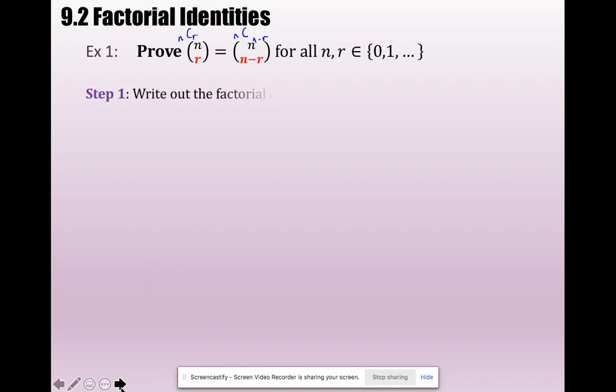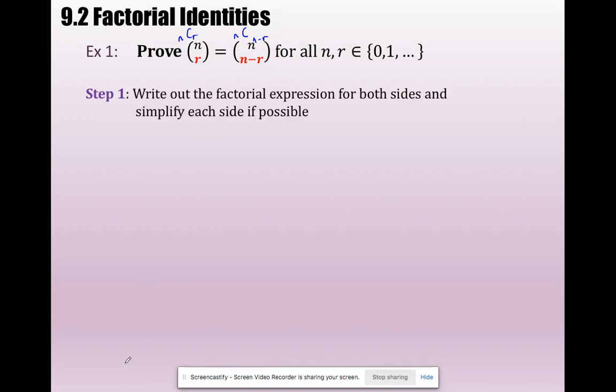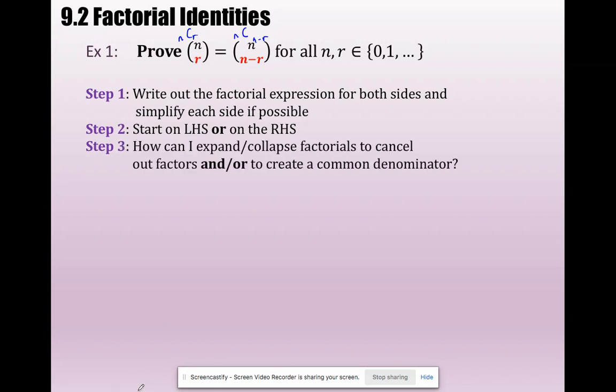So here's my strategy, my algorithm. First, actually write out what that factorial expression is, right? So that's n choose R is n factorial over R factorial times n minus R factorial. Write that out, expand it. Then choose to start on the left or the right-hand side, usually, again, the more complicated side.